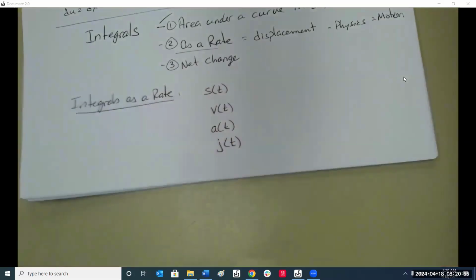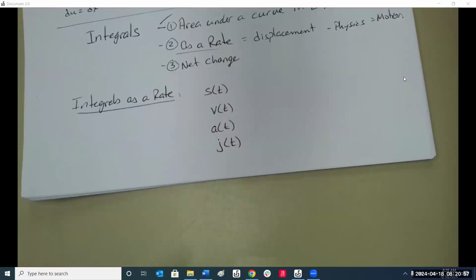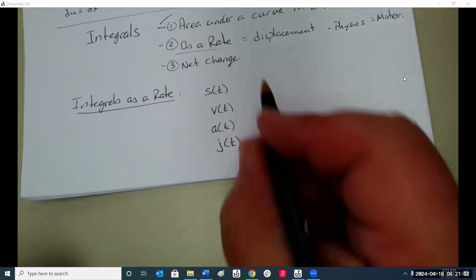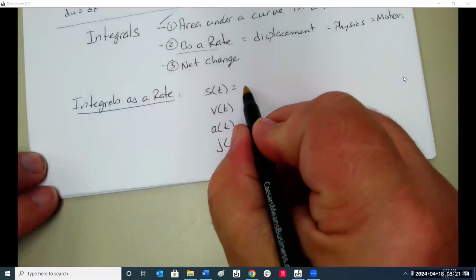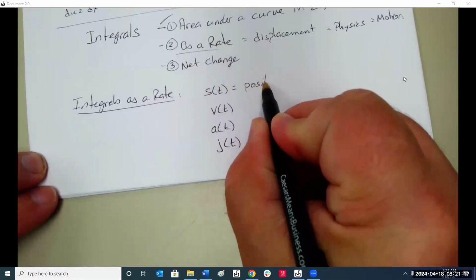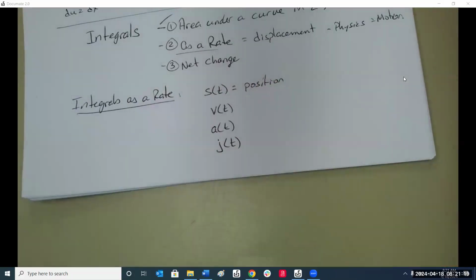Do you remember what they meant, and how they relate to each other? What does S represent? Position. It's a position function. So the position of the vehicle at t equals 0 or t equals 3.